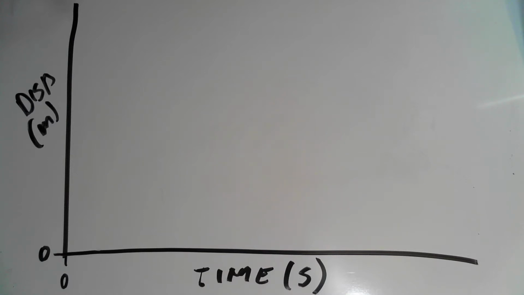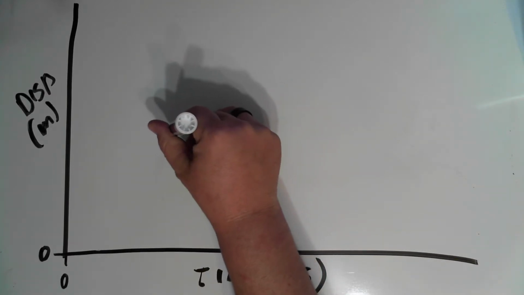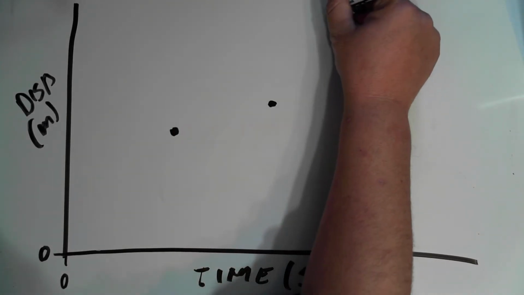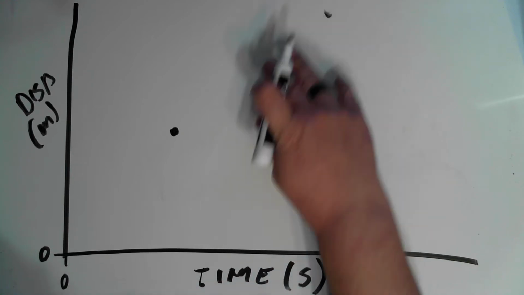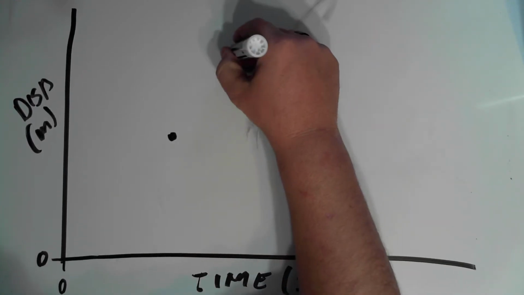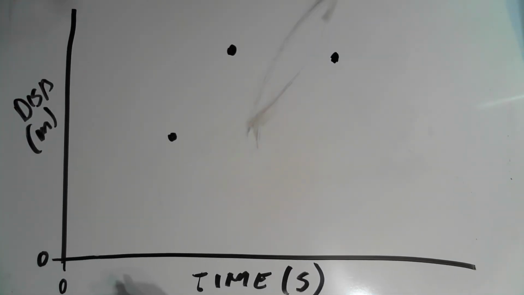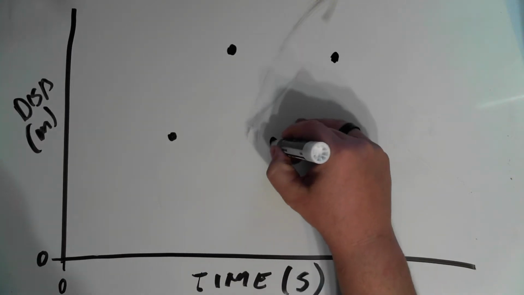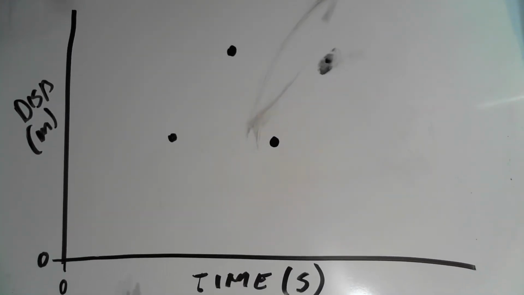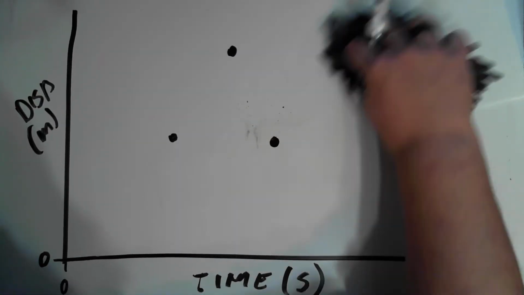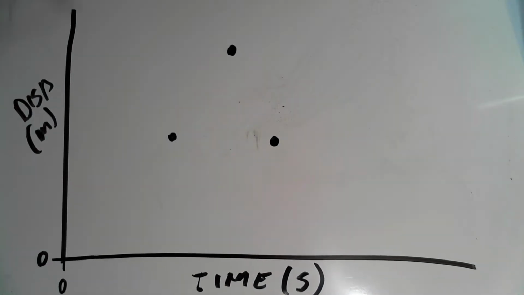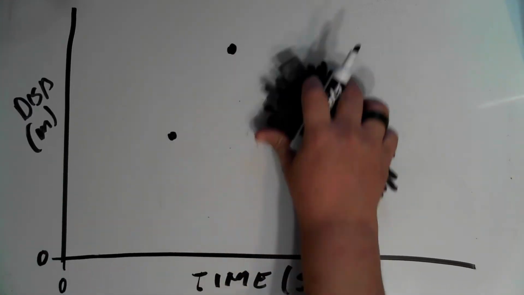Now, here is why you need 5 data points. If I were to put 3 data points on a graph, I do not know what the behavior of that graph is. I can put these 2 points like this. I do not know what the behavior of that graph is. I can put them like this. I do not know what the behavior of that graph is. I can draw all sorts of functions that kind of get those data points together.